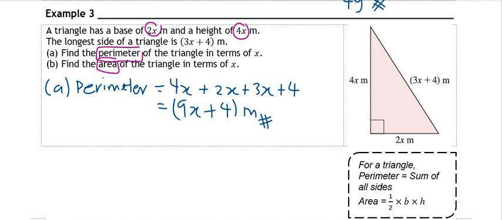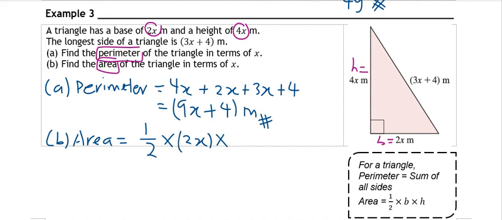Last but not least, the area will be half times base times height, right? Be careful here, you have to read that the base is 2x and the height is 4x. So the area will be half times the base 2x, and then times the height 4x. I give brackets just to make it simple, so you can see the difference from x to multiply.